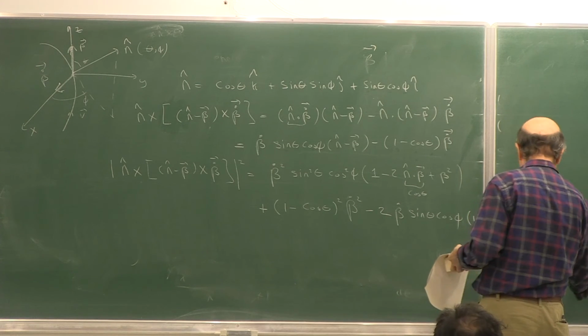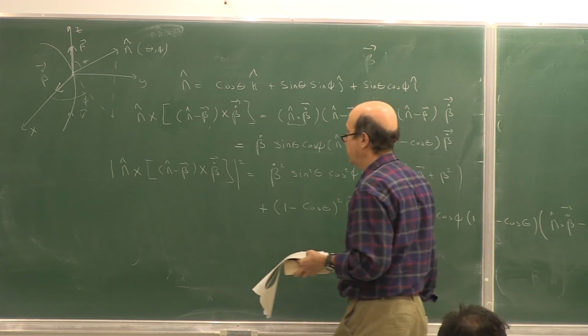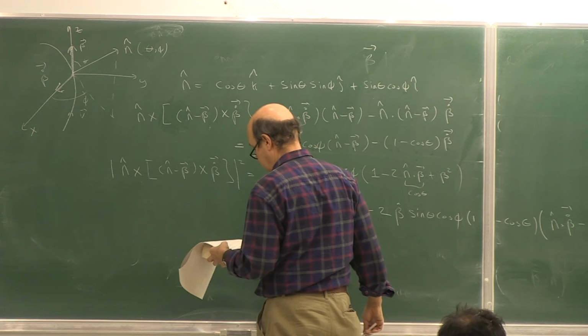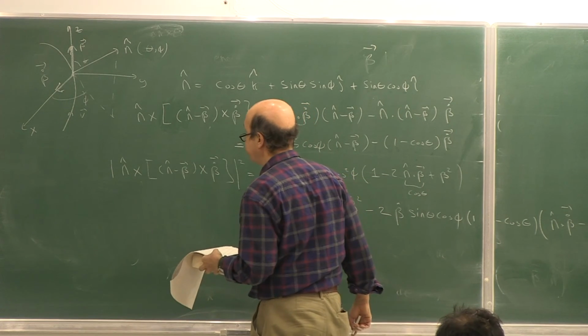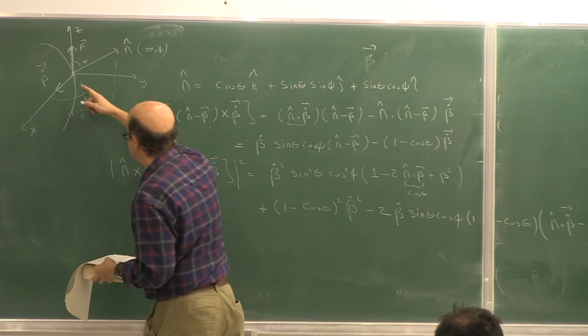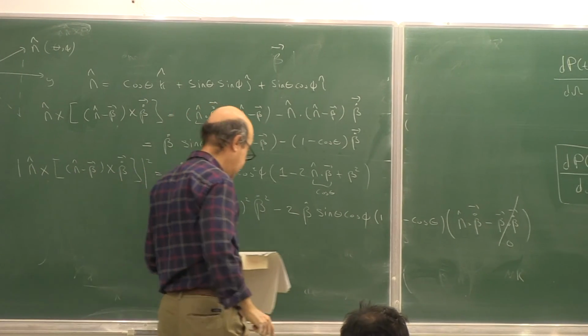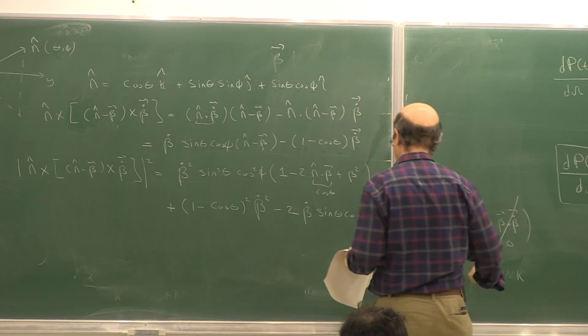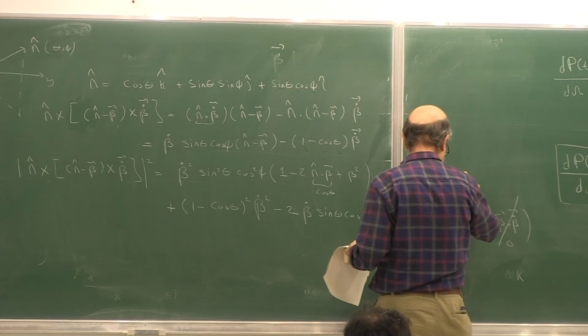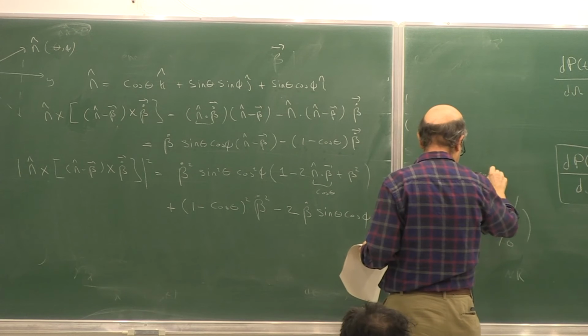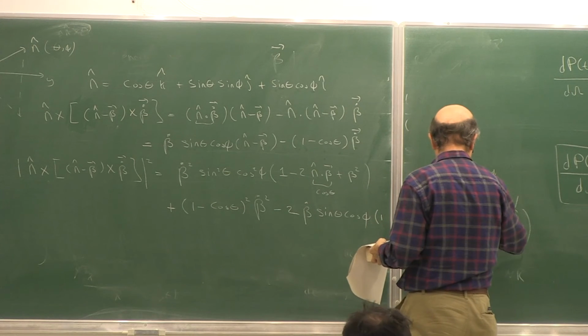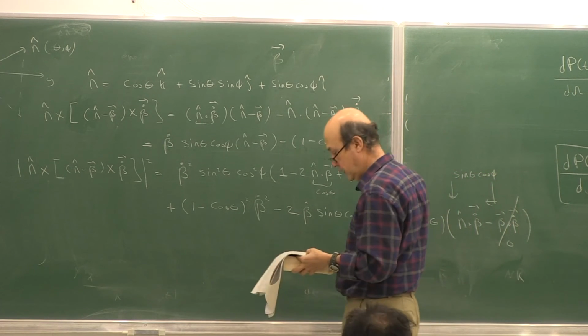This term will be 0, and n dot beta dot will be what? This is beta dot along the I direction, so n dot beta dot will be sine theta cosine phi. So this is a bunch of trivial algebra.